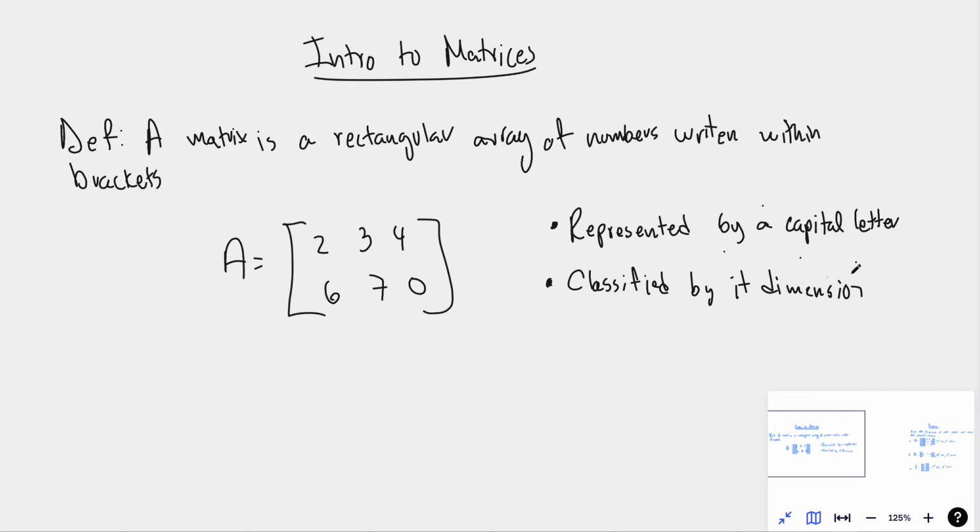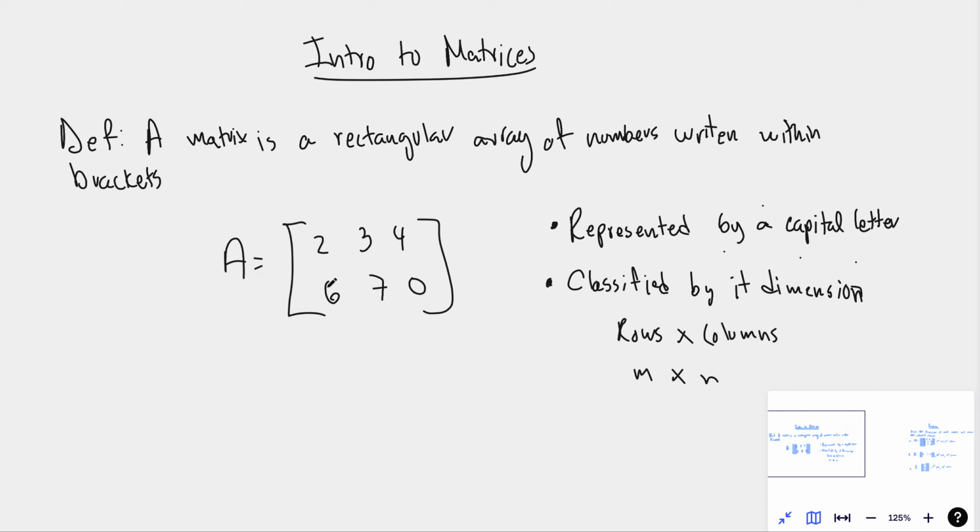That means rows by columns. Now, what do I mean by rows by columns? By the way, we usually call it M by N. M represents your rows and N represents your columns.